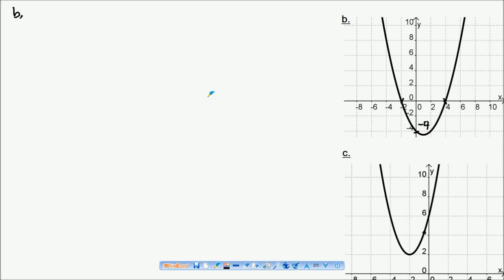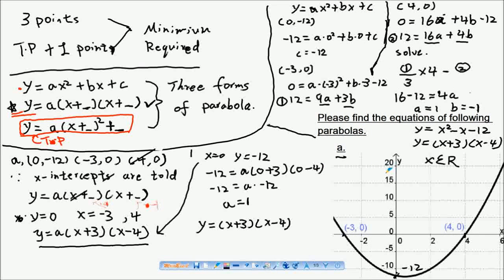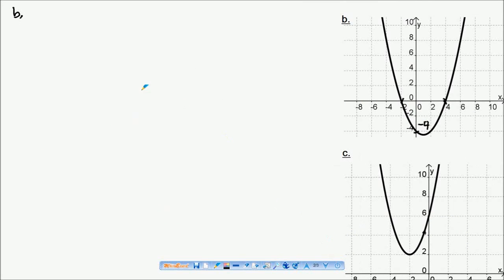So let's find out the equation by this method here, for question B.